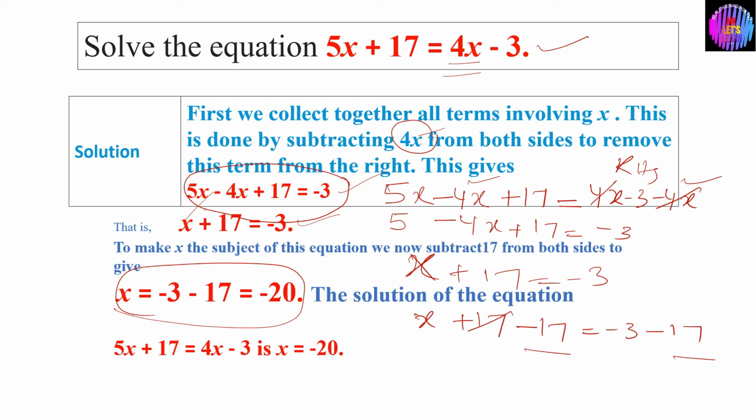In the left hand side, plus 17 minus 17 will be cancelled. x is equal to minus 3 minus 17, which gives minus 20.